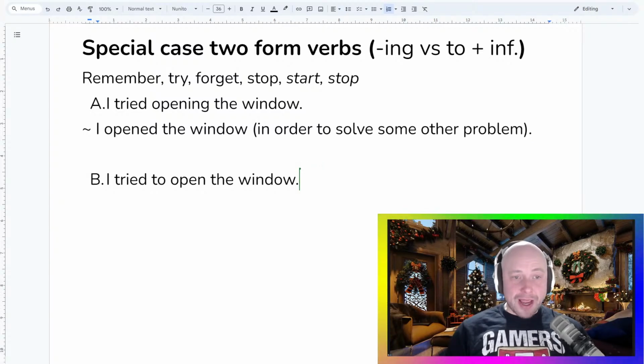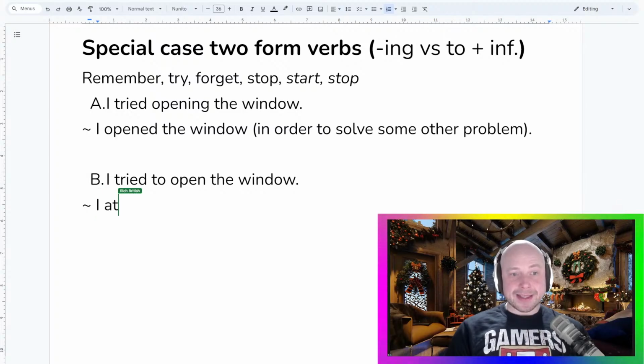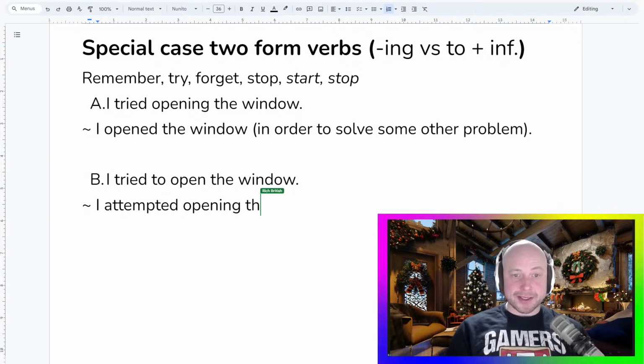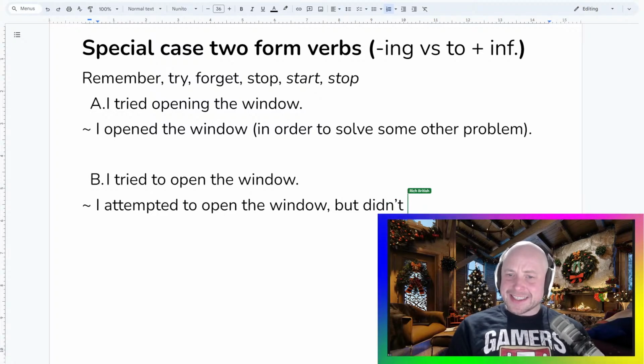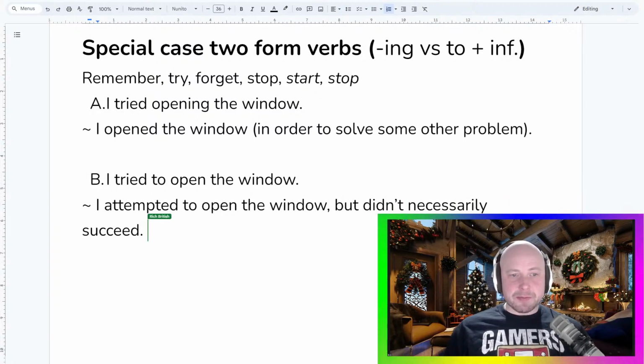Now, the next one, I tried to open the window, means I attempted to open the window, but didn't necessarily succeed. So this second one, this B, doesn't tell me that I succeeded.